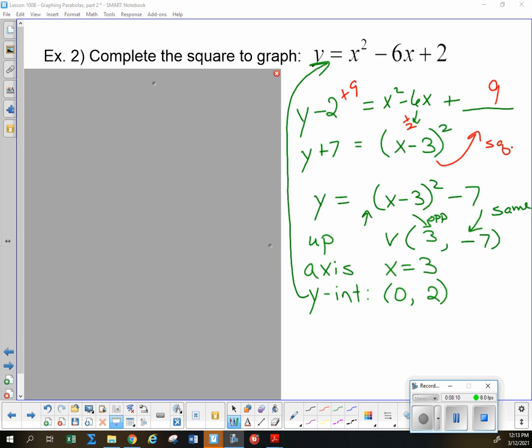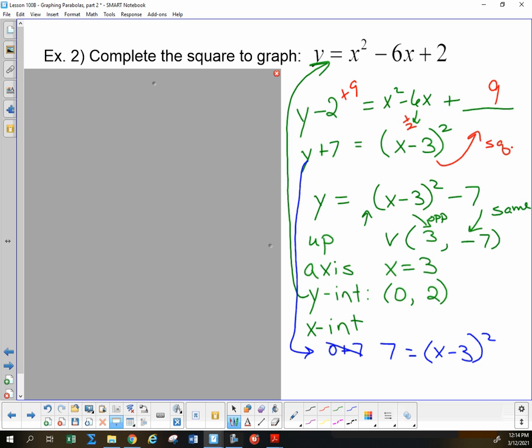The other thing that we need is our x-intercepts. Now for this one, the easiest place is going to be this equation where we had the parentheses squared on the right, but we had the y plus 7 on the left. So what I'm going to do with that is let y be 0, so I'm going to have 0 plus 7, or just 7, equals, and then on the right, I need to find what x is. I don't know it, so it is still (x minus 3) squared.